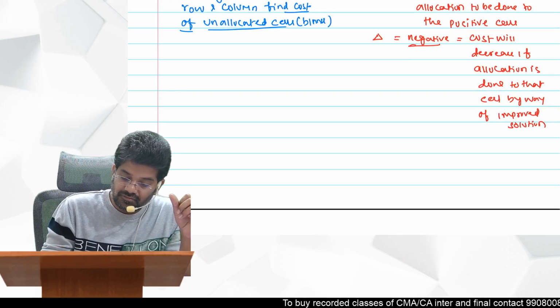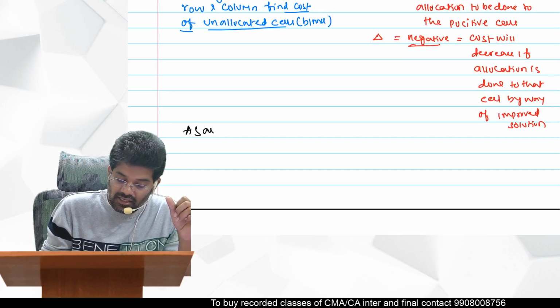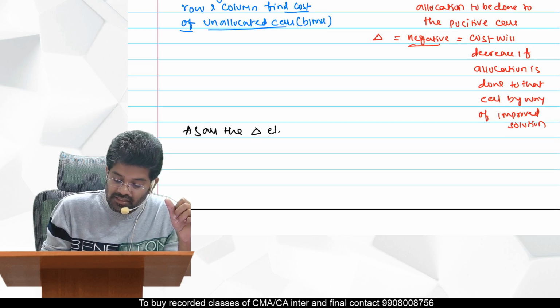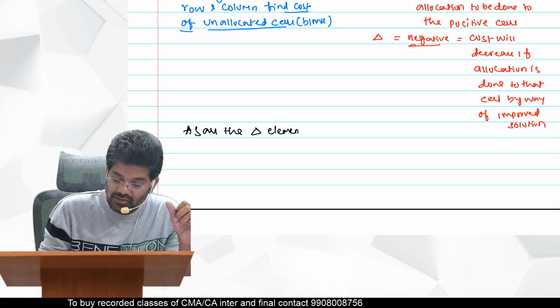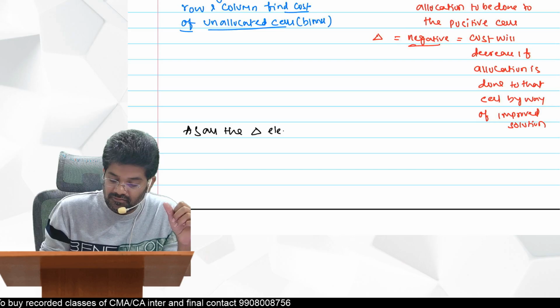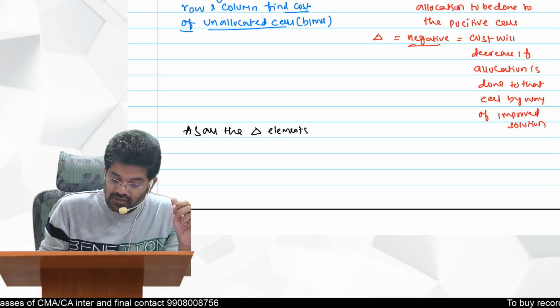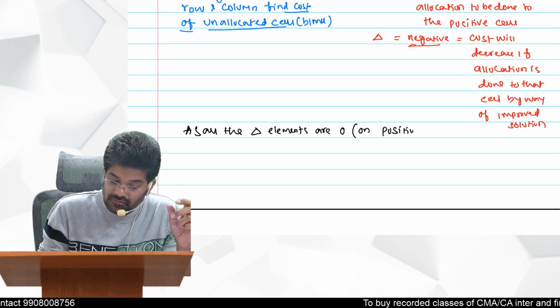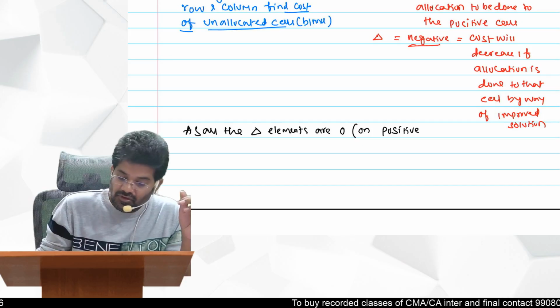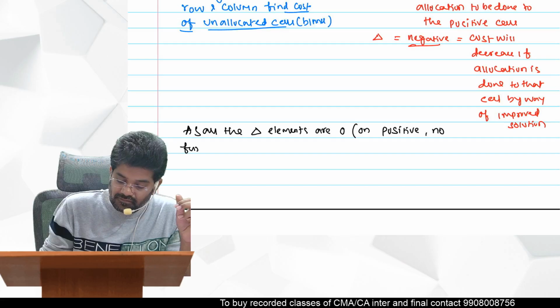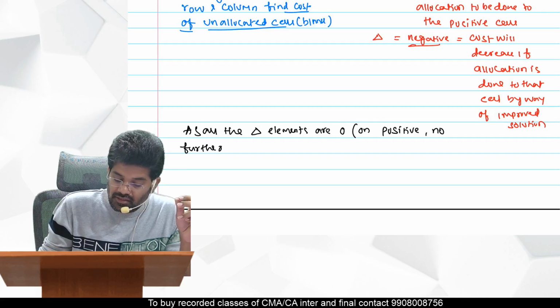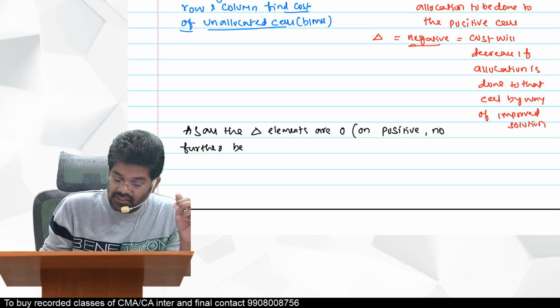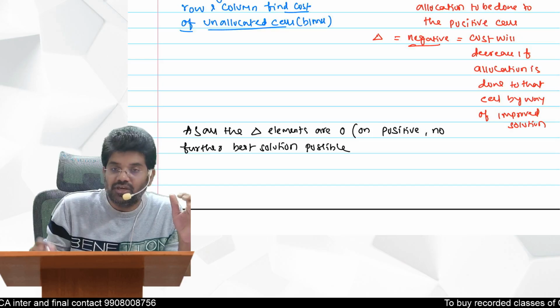As in our example, all the change elements are 0 or positive, no further best solution is possible. So this is the least cost that you can get.